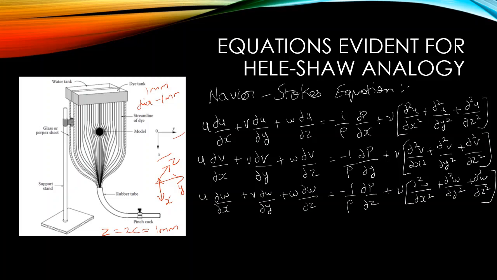And what happened to the w? w is nothing but the z axis velocity. Since your z axis velocity w is equal to 0, since no flow occurs along the z axis, you are considering that the mass flow rate is equal throughout the plate.